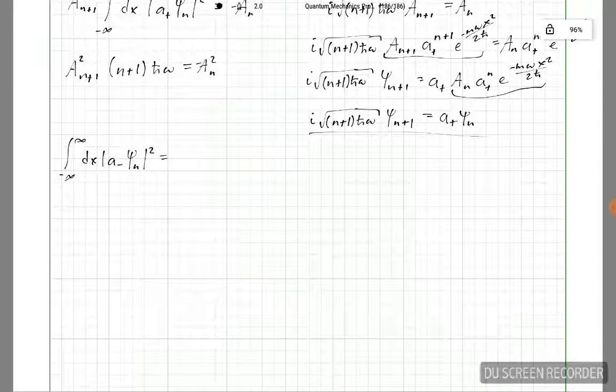Again, just saying, ergo, you could do the same thing with the lowering operator. If you want to risk putting your grader in a pissy mood, go ahead. But that's going to be the result.